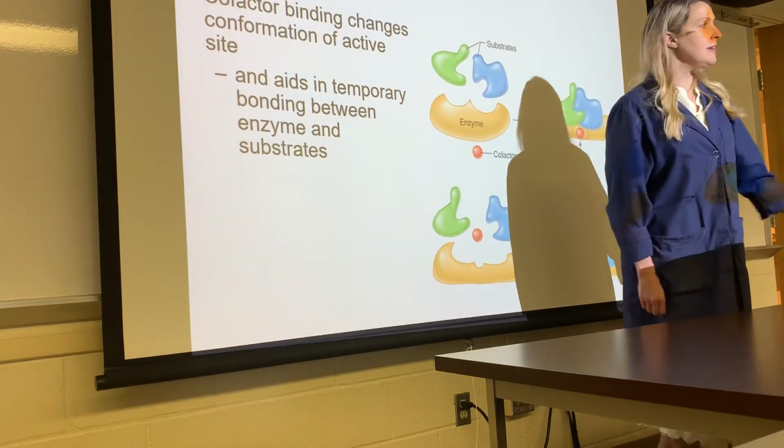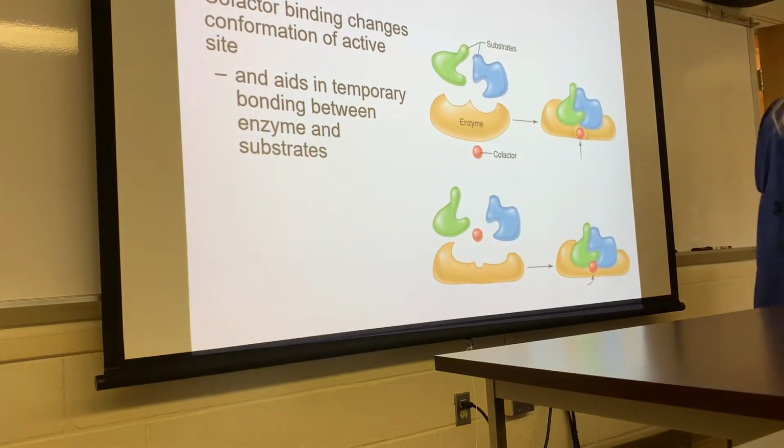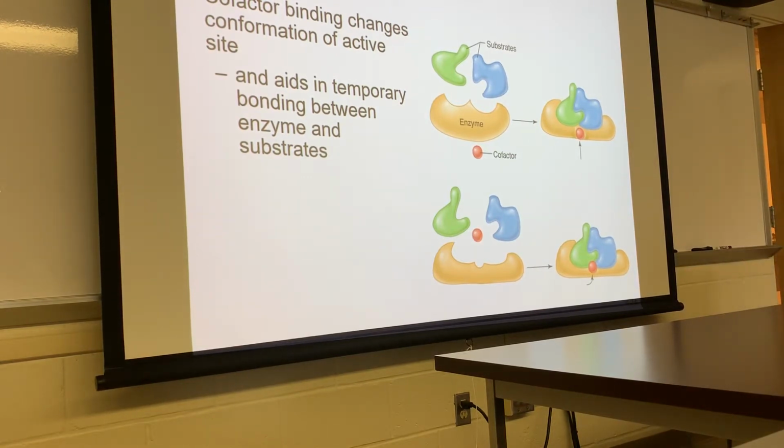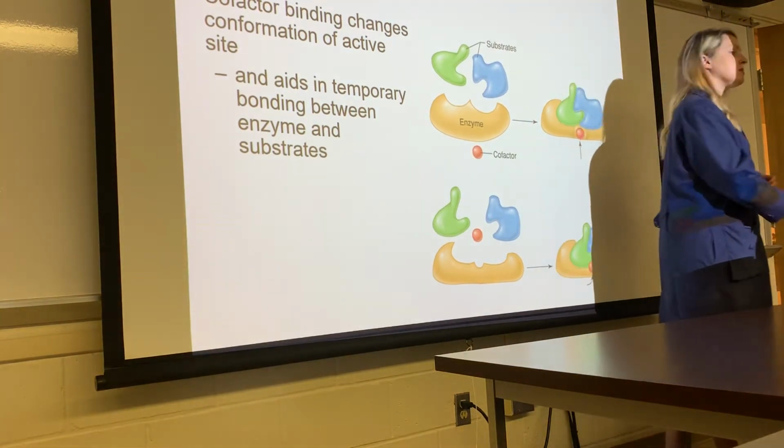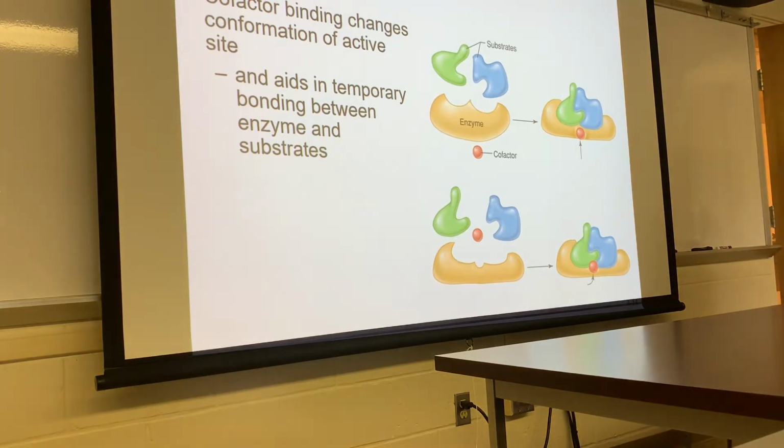A lot of enzymes, for example, the pancreatic enzymes like trypsin and lipase, are going to be secreted in an inactive form. So trypsin, when it's created in the pancreas, is known as trypsinogen. In the stomach, pepsin is known as pepsinogen.